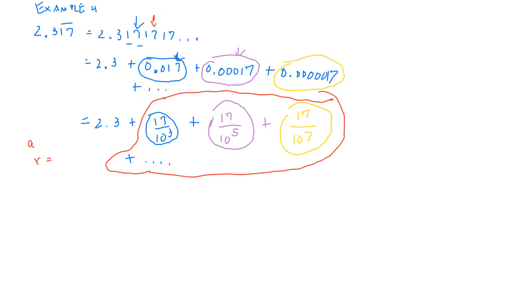Well, the first term, of course, is 17 over 10 cubed, right? We know that's the first term. But hold on, what did you say, Tal? What's the common ratio? 1 over 10 squared. Good, good. Common ratio is, let me put it in red here, 1 over 10 squared.